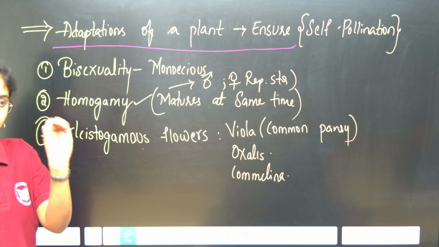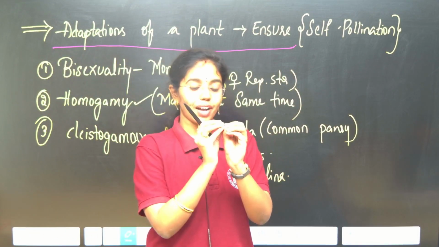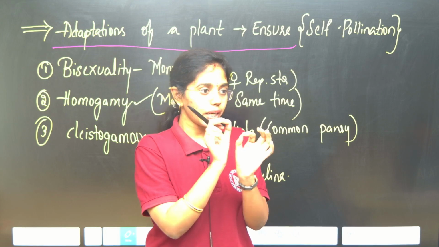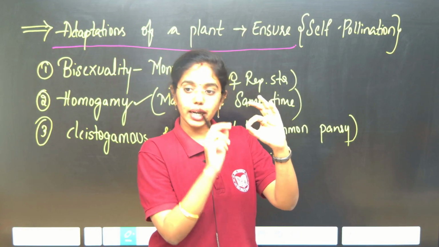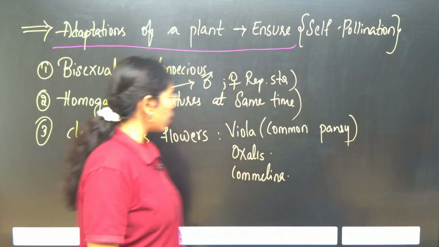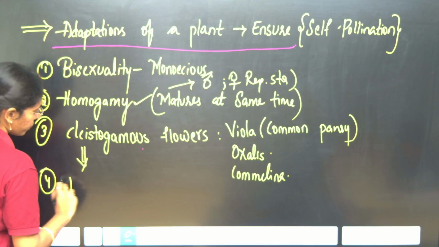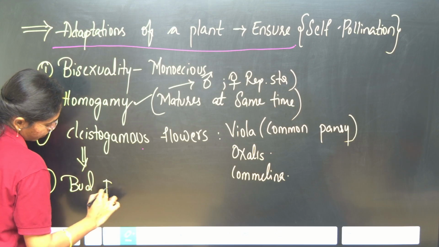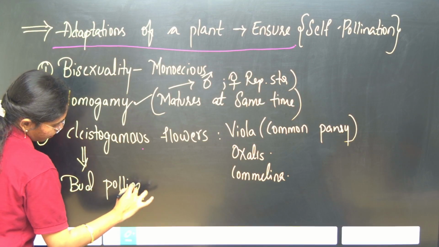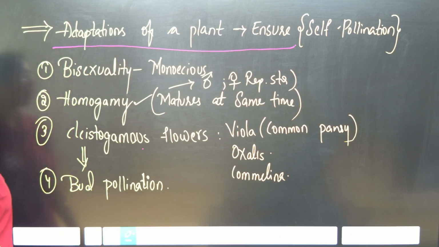The flower will be in the bud stage, it is bisexual and it will never open at all. When the flower is not opening at all, definitely the pollen grain which is released from that anther will be germinating on the stigma. So, it conducts what pollination? Bud pollination. These are the adaptations of a plant which ensures self pollination.